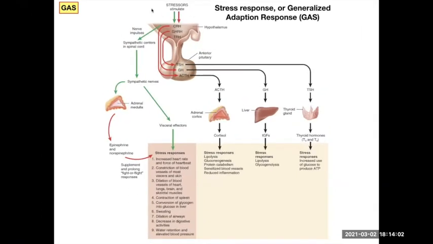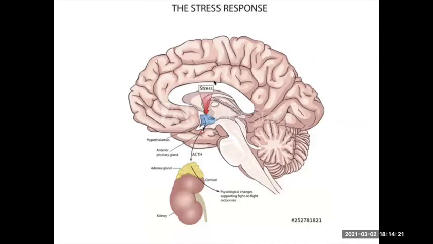All right, so this next one we're going to talk about is the stress response. This will involve ACTH as well as some of the hormones we already talked about, as well as the adrenal medulla gland. Before we get there, let's look at some background.